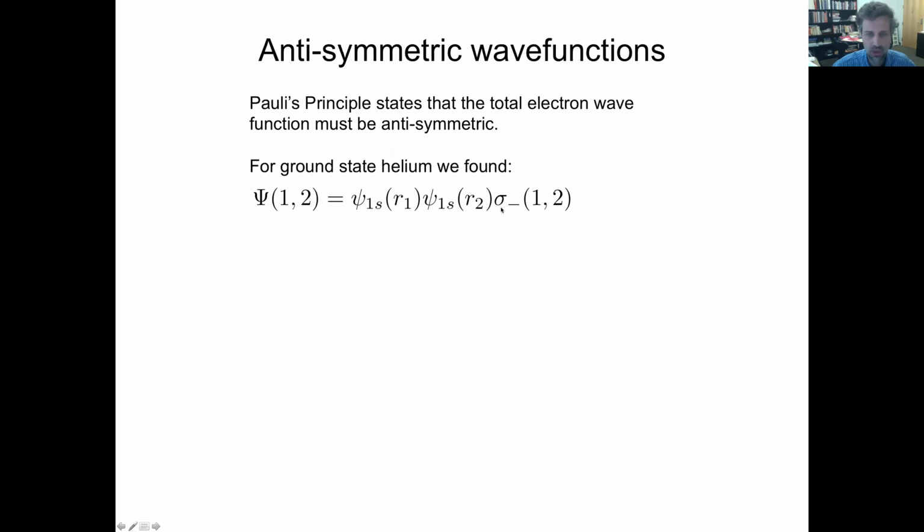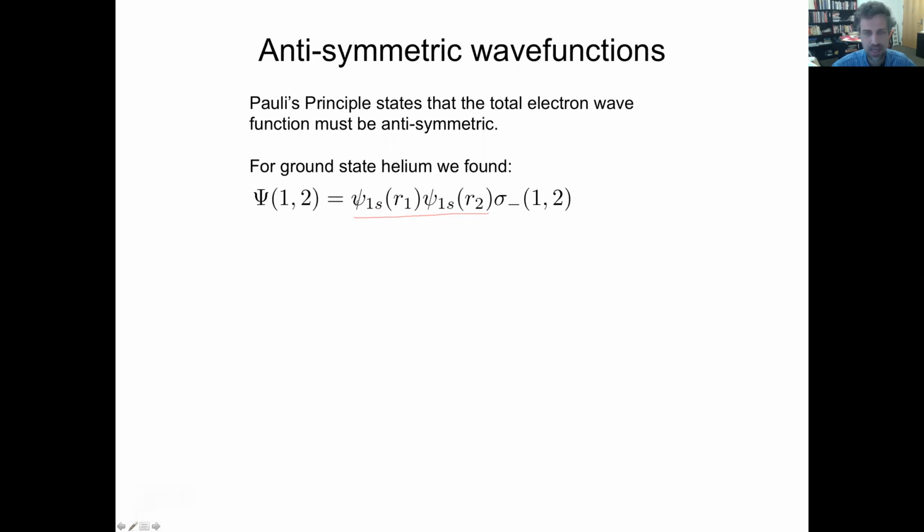And on Friday we concluded, well, if that is the case, the spin state, indicated by this sigma minus, must be antisymmetric. That's what this negative sign stands for. It must be antisymmetric. Why? Because that's the only way in which we can make this total wave function antisymmetric. That also means if the spin state, sigma minus, is antisymmetric, then the orbital state, which is this part, must be symmetric, right?